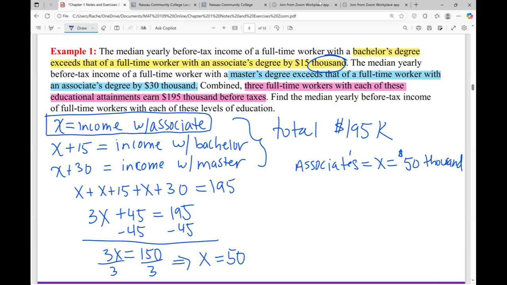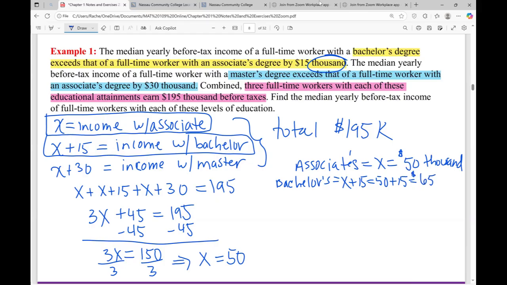So a person with an associate's degree makes 50,000. Now let's figure out what a person with the bachelor's degree makes. That's going to be whatever X is plus 15, and we know X is 50. So 50 plus 15 is 65, so that's going to be 65,000.